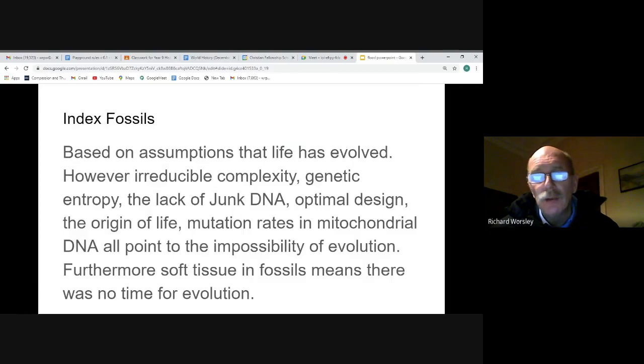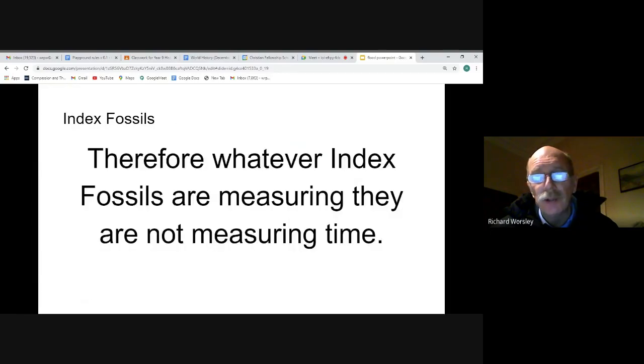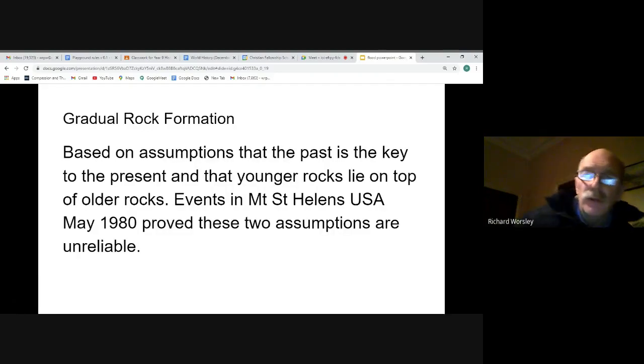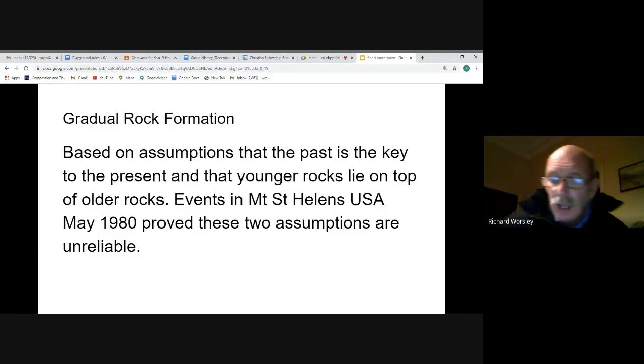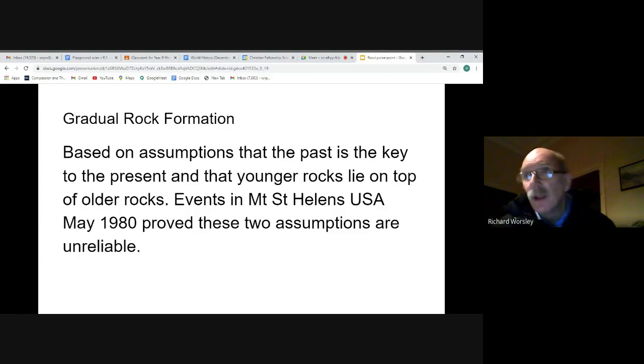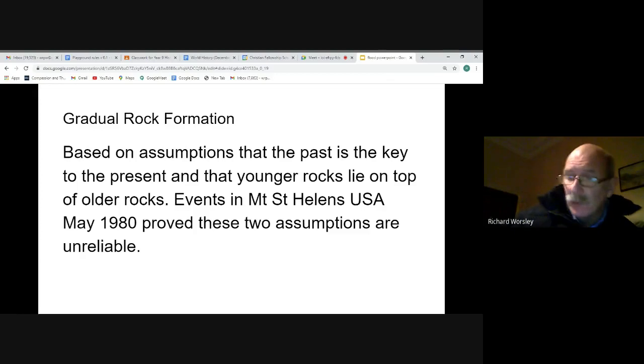Now, I'm going to pass by the biological side, the thing about index fossils, and look at the concept of gradual rock formations. So up until the explosion of Mount St. Helens in 1980, there was, well, you might say, a reasonable assumption that things like canyons, like the Grand Canyon, must have taken a long time to form. Certainly, if you're thinking about the river forming the canyon, it would seem a reasonable thing to believe.